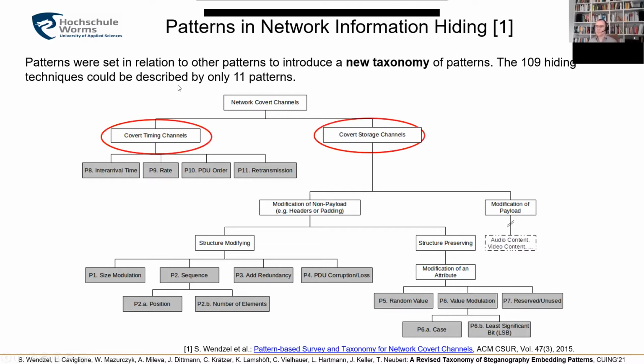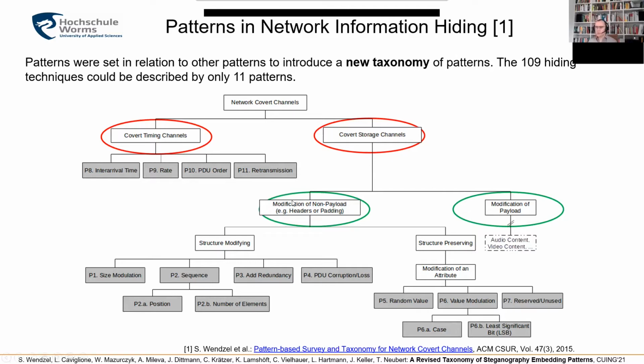So as you can see, we have the classical distinction between timing and storage channels, and we have 4 timing patterns, and we differentiate here the storage channels into those that modify payload and non-payload, where the modification of payload is mostly digital media steganography and thus out of scope in the original taxonomy.